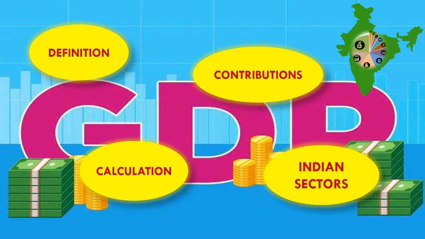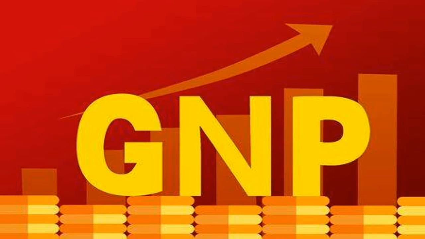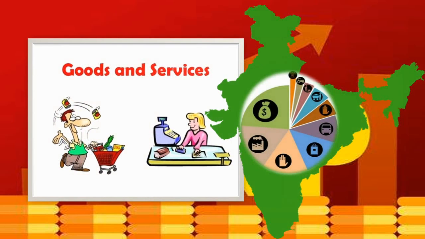From that, you can understand GDP is all about the value of goods and services produced within the borders of the country, either from own residents or from foreign residents. Next, coming to the GNP, this is nothing but the value of goods and services produced by own residents, either in the country or abroad.